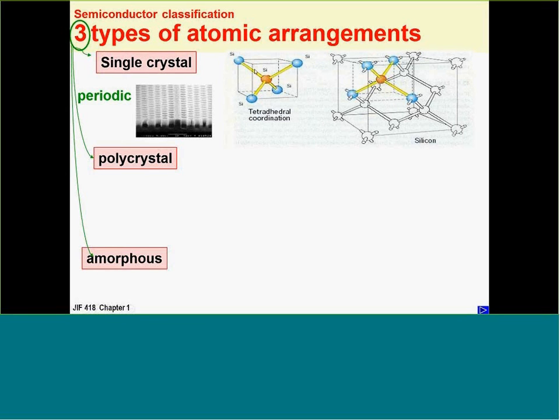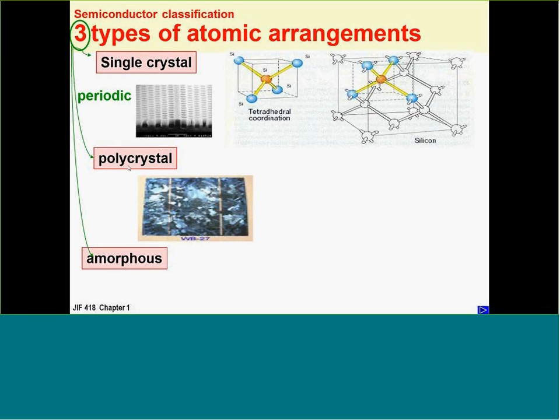Normally, the common semiconductor that we use, single crystal, is cubic shape, but there are also HCP, hexagonal close pack, but most of them are cubic anyway. And polycrystal means there are many crystals. If you look here, different colors. This is one crystal. The one darker is another crystal. The lighter blue is another crystal.